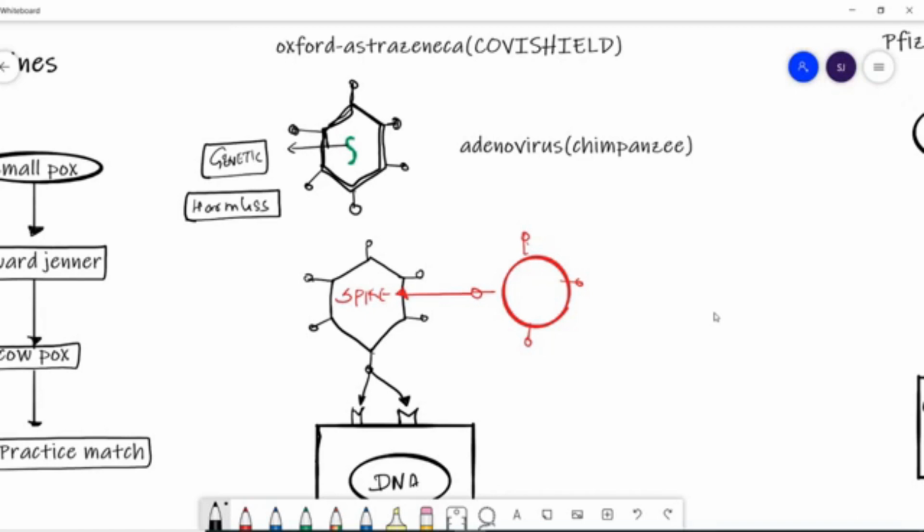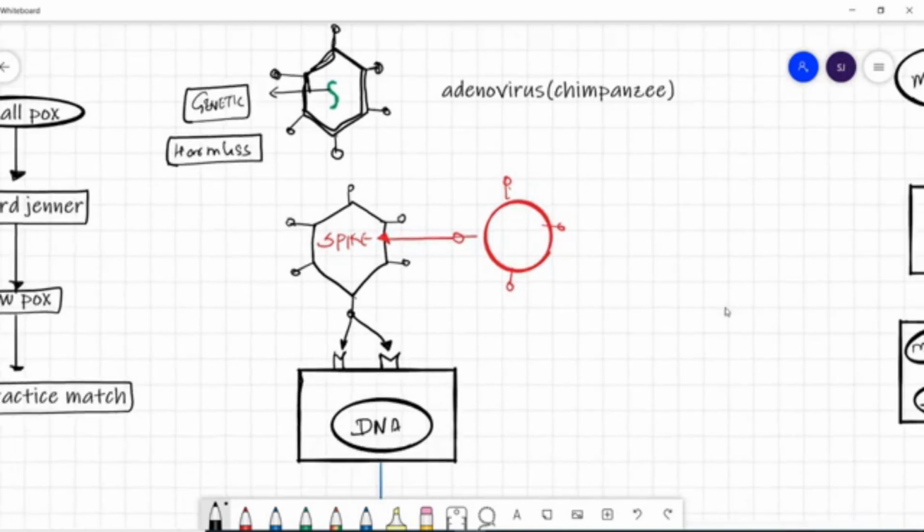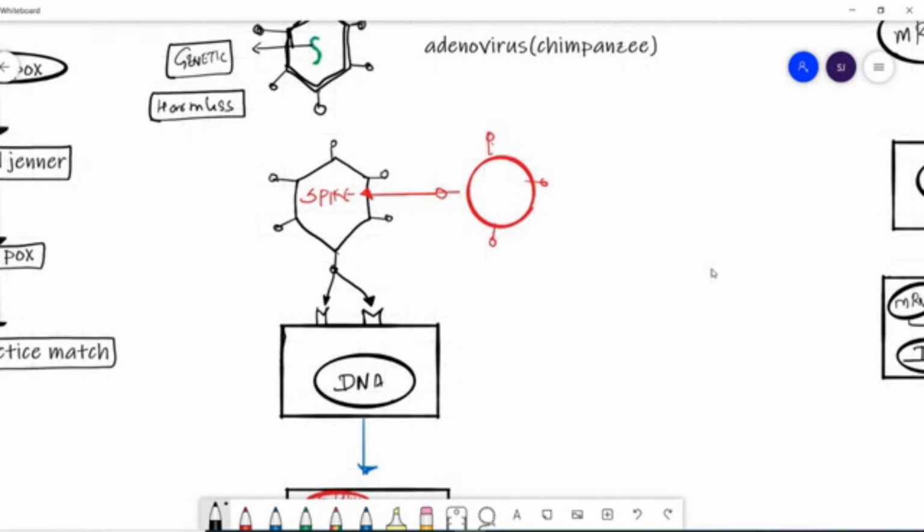So we have removed the genetic material. Then what we do is that we put in the information of the spike of the coronavirus. Points we have to notice: first, we have removed the genetic material responsible for multiplication of the virus from the adenovirus.